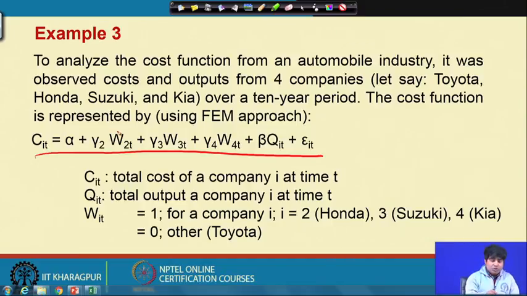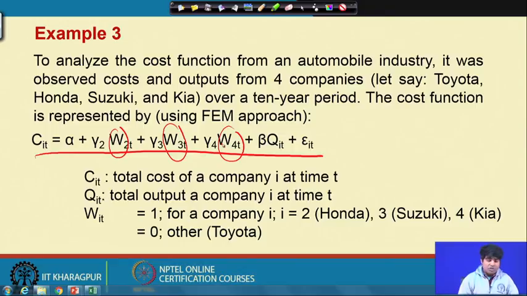W2 is the dummy of the second company, W3 is the dummy of the third company, and W4 is the dummy of the fourth company. W1 is not there because of the dummy variable trap. When W4 equals 0, W3 equals 0 and W2 equals 0, the model takes care of company 1.